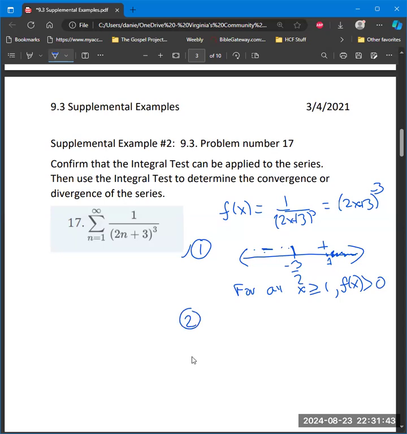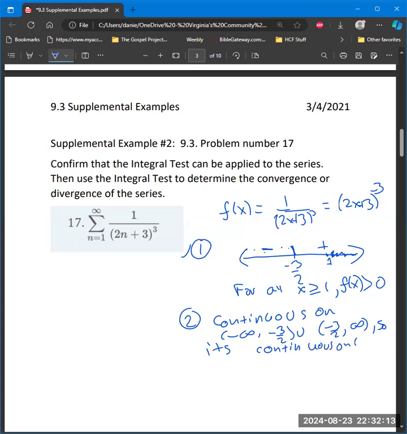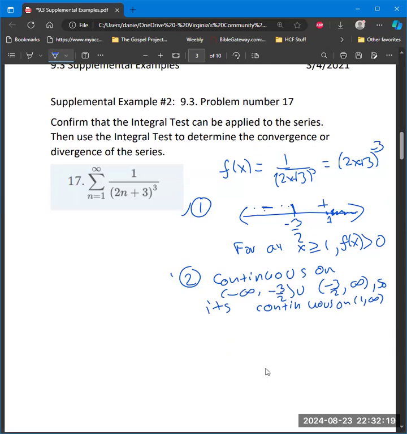Check there. Then I need to prove that it's continuous. So it's continuous on negative infinity to negative 3/2, union negative 3/2 to infinity. So it's continuous on 1 to infinity. Check. And then I need my derivative here.